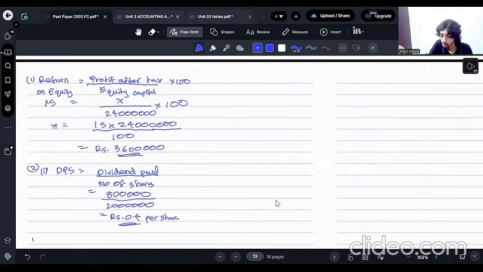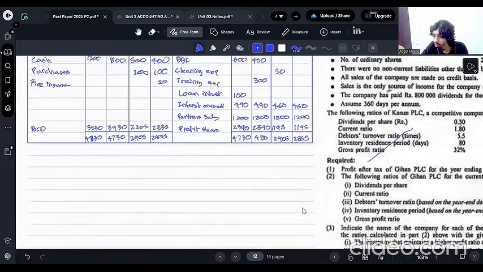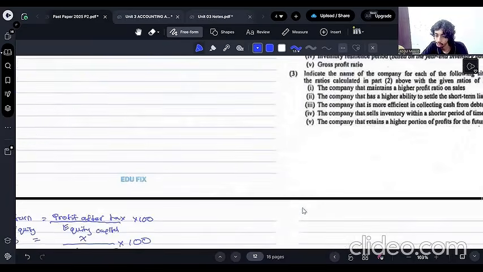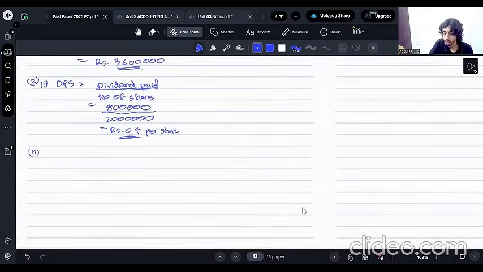Then Roman number 2. Next, what we have to find, current ratio. Current ratio equals current asset is to current liability.